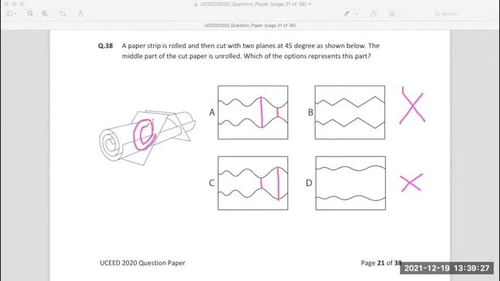The second comes somewhere there. The third cut comes somewhere here. Yeah, now it's fine.